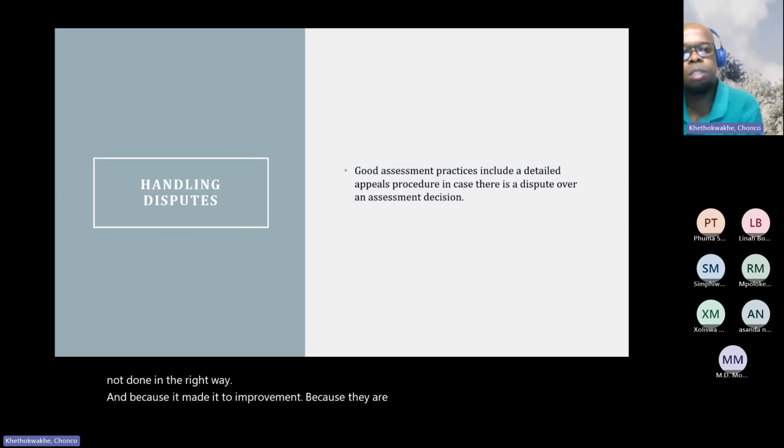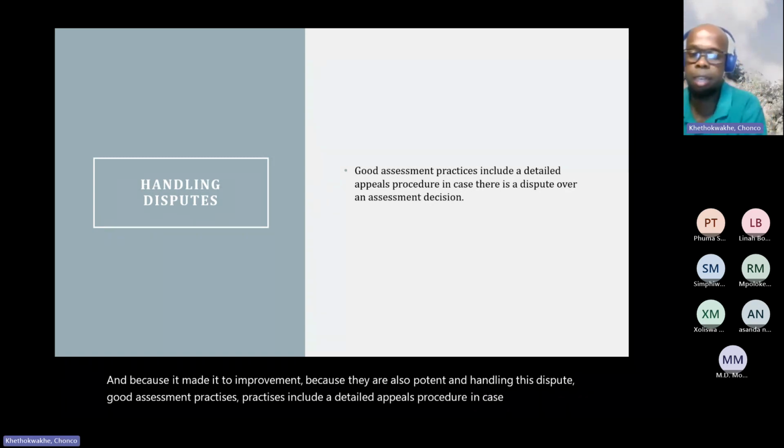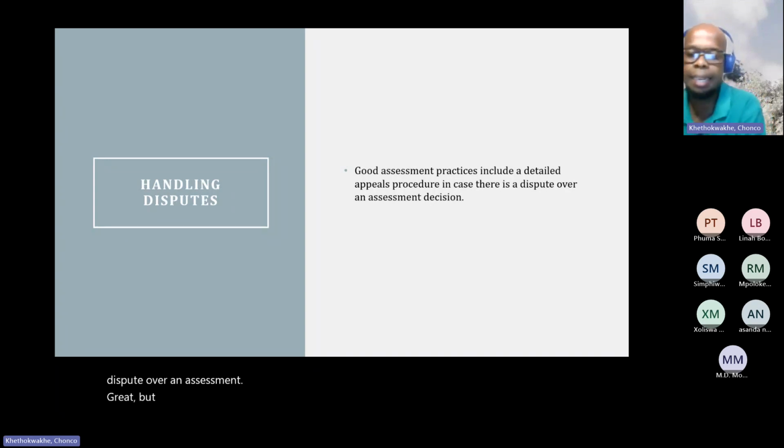Handling disputes: good assessment practices include a detailed appeal procedure in case there is a dispute over an assessment. So you give your feedback, but at the same time, you might bump into disagreement with your candidate.